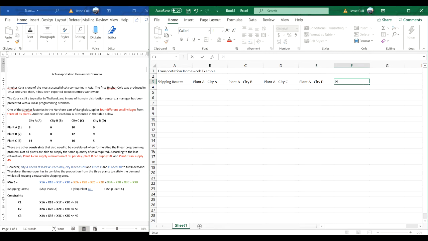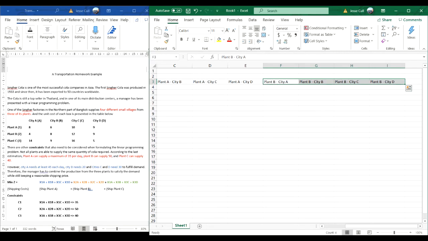So now we move to plant B. We've seen here in these four, F, G, H, and I, those are all of our shipments from plant B to the cities. Each of these represents a shipment from our second plant to one of our four destinations.